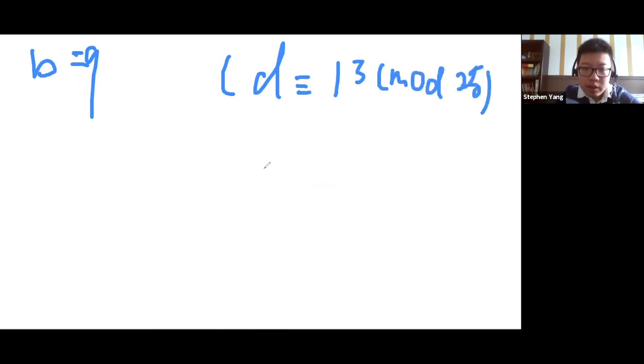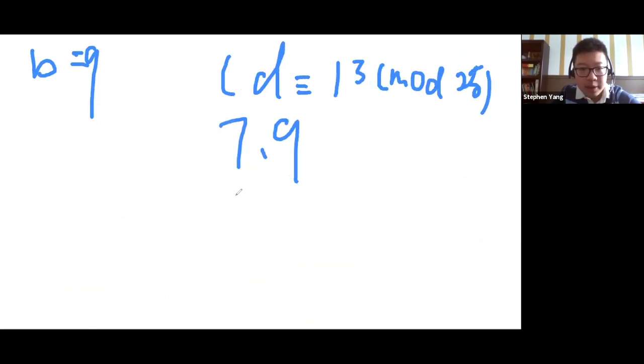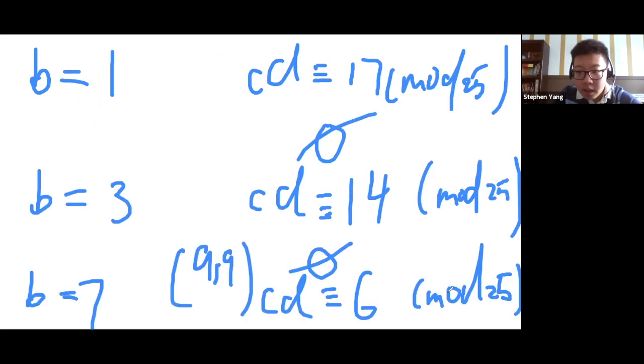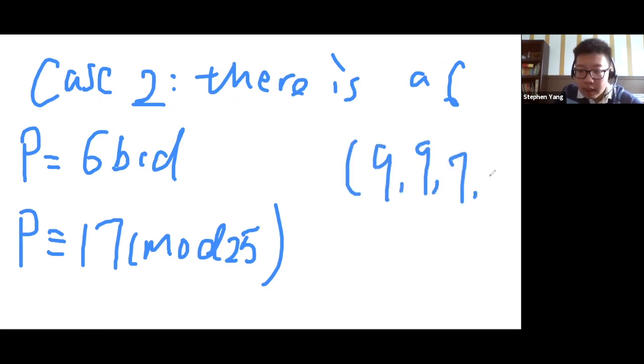This is also achievable because you can have C equal to 7, D equal to 9. That equals 63, which is congruent to 13. Now, looking at this, 799 and 979 give the same set of solutions, which means here it'll be 9976.